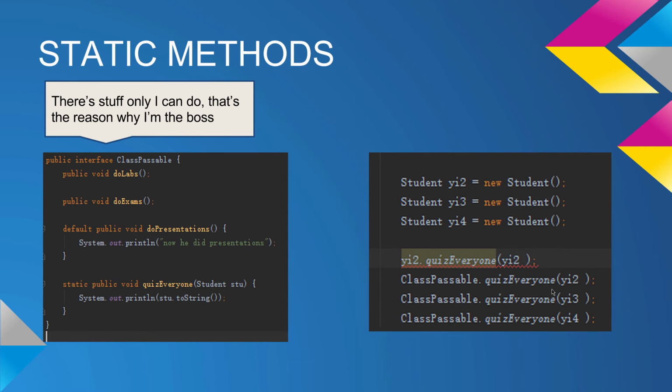The time when you can use a static method is when you have utility methods or utility classes, like maybe a math class or a filter class that filters all collections. That would be a very good situation where you can use static methods in an interface.